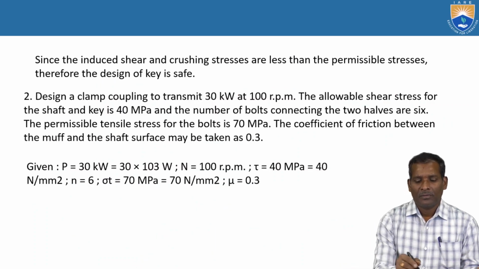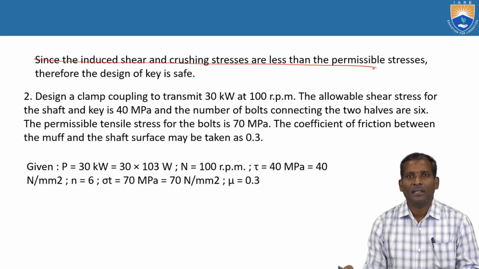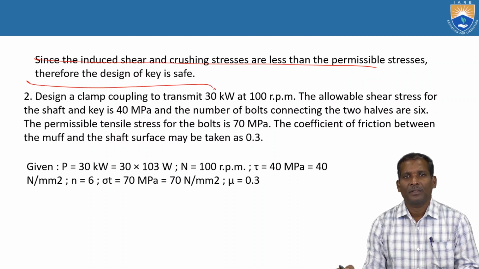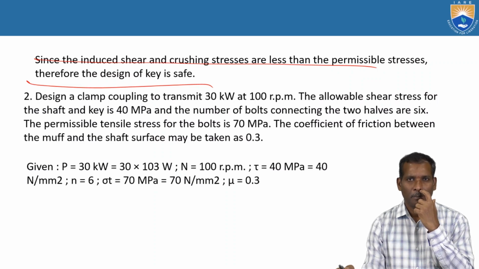Finally, write the comment: here, the induced shear and crushing stresses are less than the permissible stresses. Therefore, the above design is safe. Design of key is safe. For the muff, we checked crushing and shear values, and similarly for the key we checked shear and crushing.